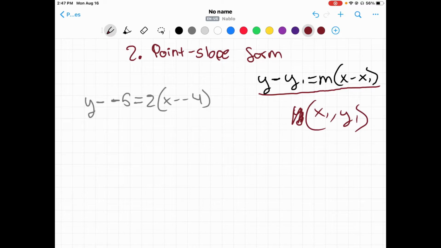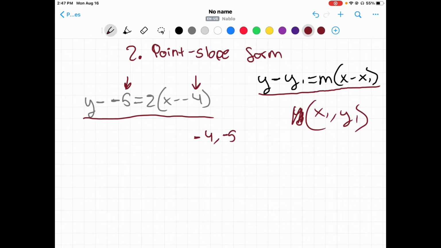Now, we're asked to find the x and y intercepts of this equation. Since we know that x1 and y1 are points within that graph, we know that one of the points is (-4, -5).